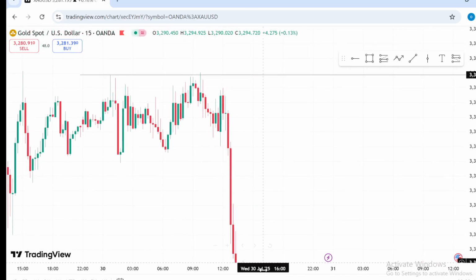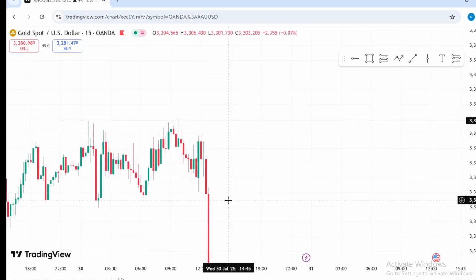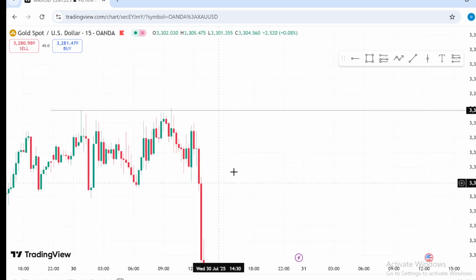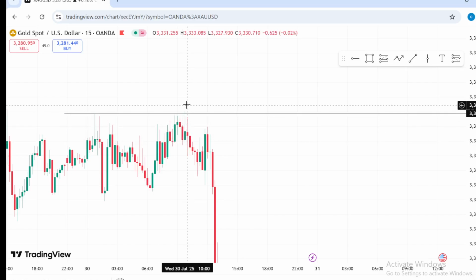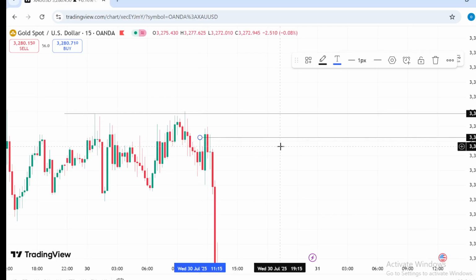So someone may wonder, how was I able to get a trading opportunity from this? As I said, this is also based on experience. No one taught me this. So after the sweep right here, I just waited for price to create another swing high right here.